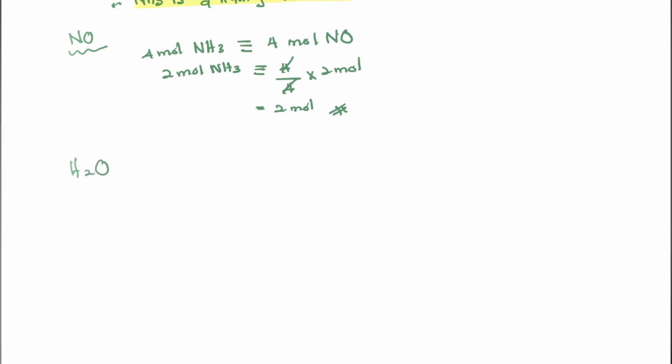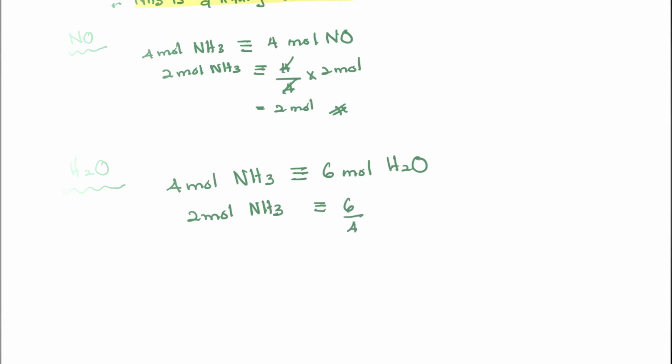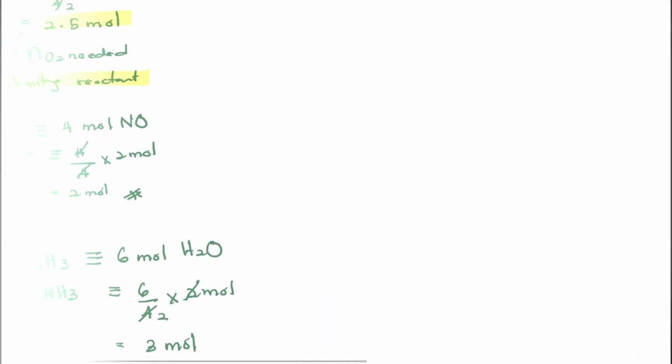This is for water vapor. 4 mole of ammonia is equivalent to 6 mole of water vapor. If we have 2 mole of ammonia, meaning that we have water vapor 3 mole.